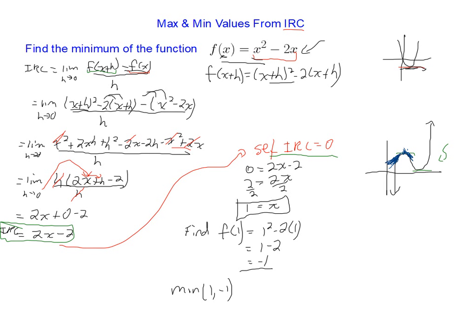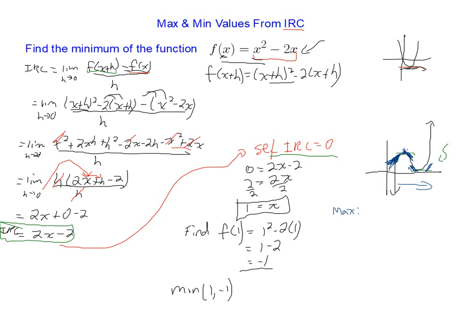At a minimum, to the left of the minimum, the instantaneous rate of change is negative, and on the right it's positive. So at a maximum, we go from an instantaneous rate of change that's positive to negative, and for a minimum, we go from negative to positive. And again, that's always as we read the graph from left to right. So we should probably write that down just so that we don't forget or mix it up.